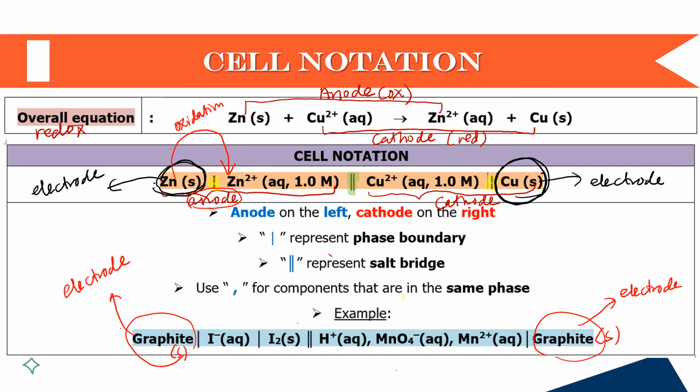And then over here from copper 2+ aqueous to copper solid, this is reduction. The same process occurs over here. So different chemical cells will give us different cell notation.